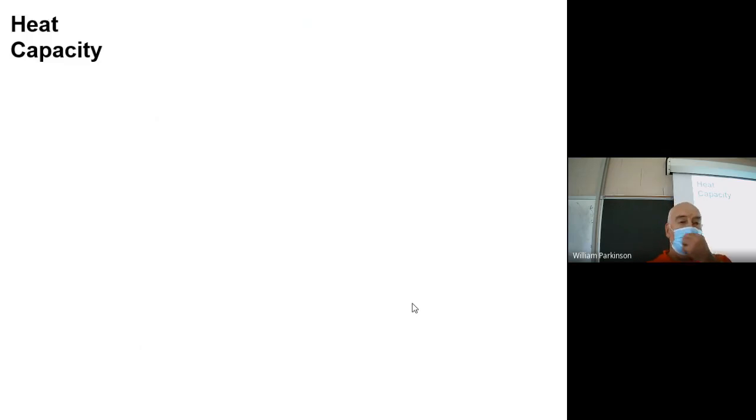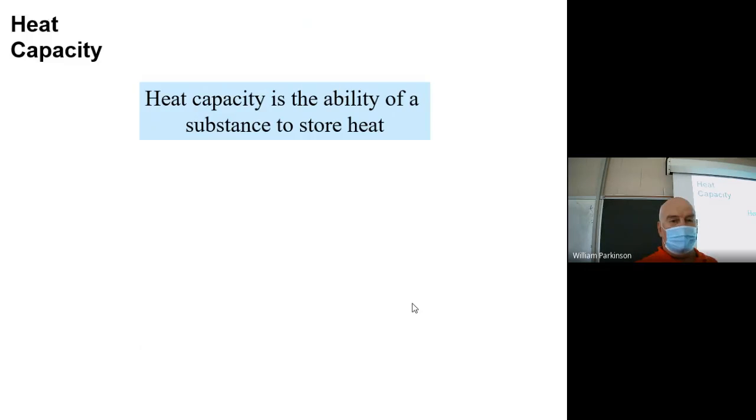Okay, so what scientists use to measure the phenomenon of how hot an object gets as you dump heat energy into it, we call that the heat capacity of the object. So the heat capacity is the ability of a substance to store heat without it being sensed.